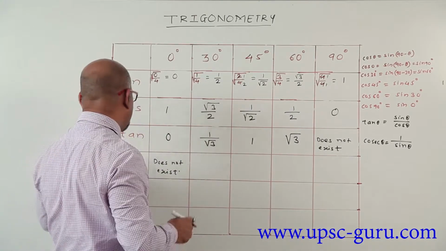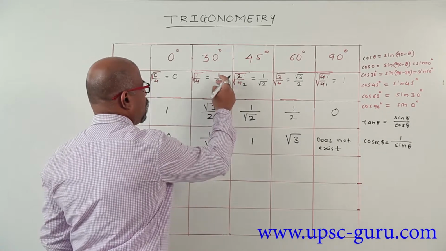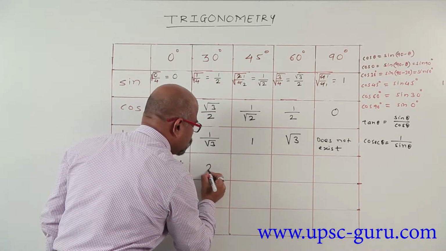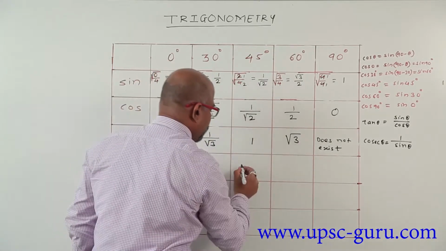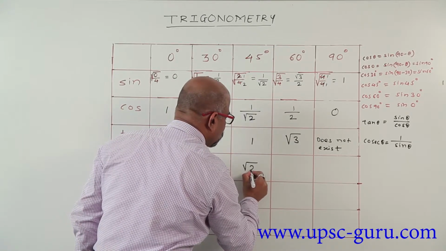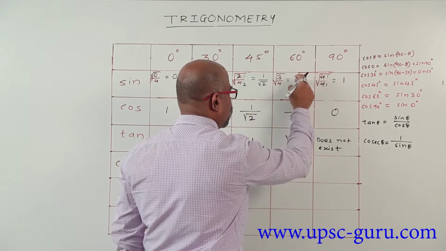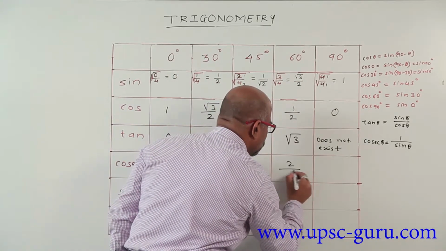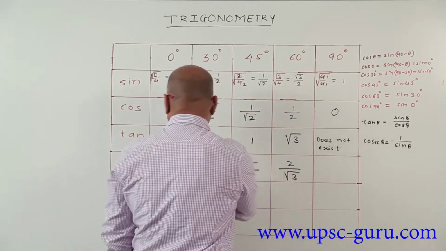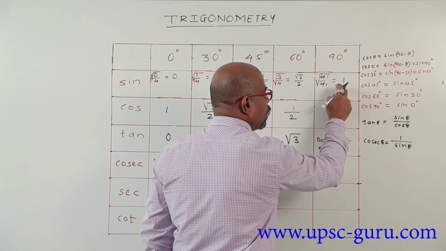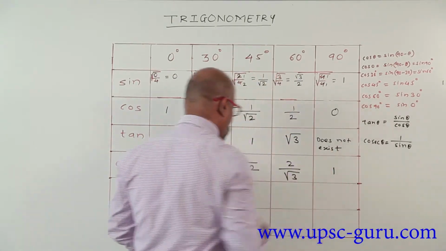Then cosec 30 is the reciprocal of 1 by 2, that is 2. Cosec 45, reciprocal of 1 by root 2, gives you root 2. Cosec 60 is the reciprocal of root 3 by 2, that is 2 upon root 3. And cosec 90, reciprocal of 1, gives us 1.